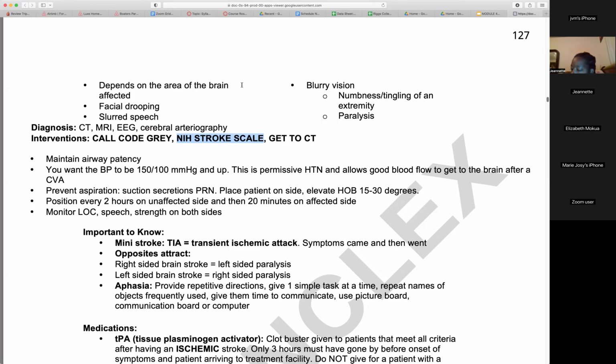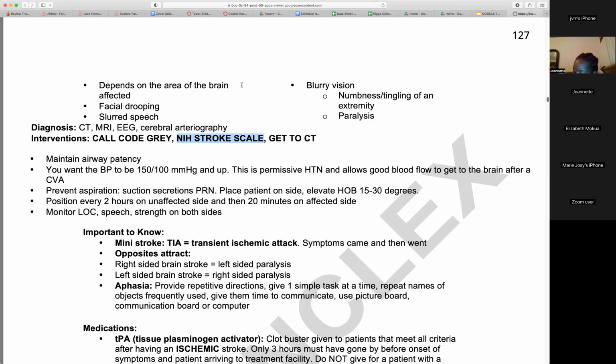However, after a stroke, you want the blood pressure slightly elevated. And this goes against everything we've learned in nursing school. But it's the truth. And there's one exception, and we're going to talk about it, but what I'm saying right now, you must memorize for your exit and for your NCLEX.